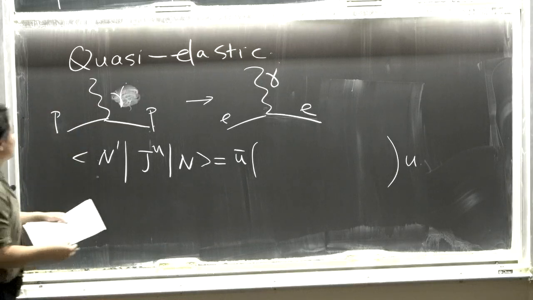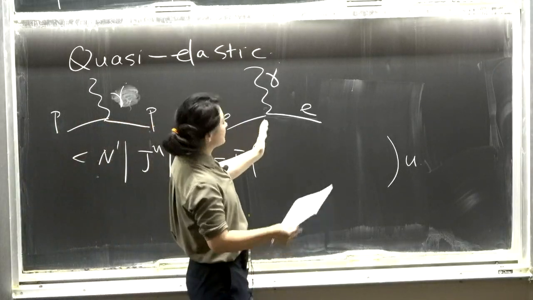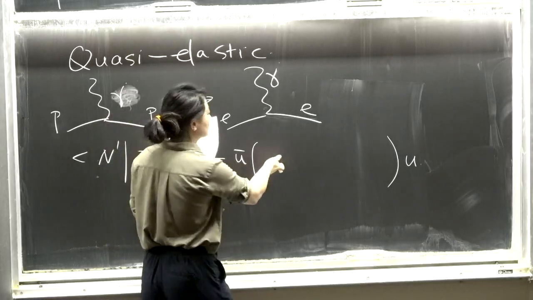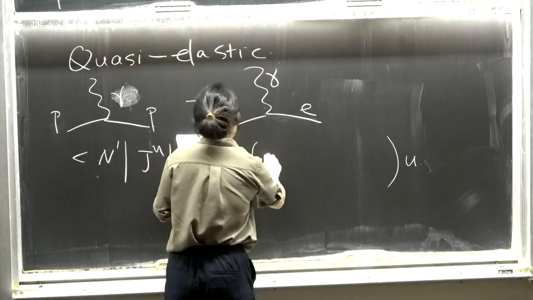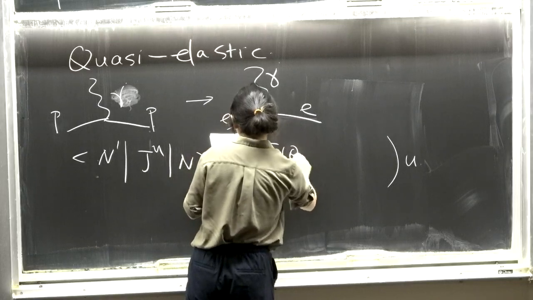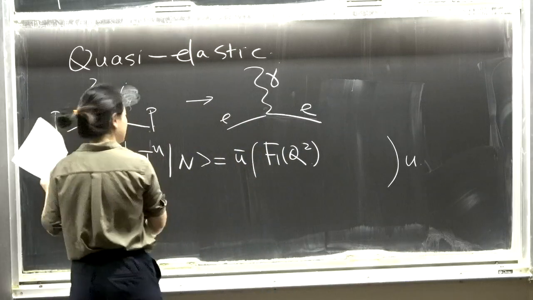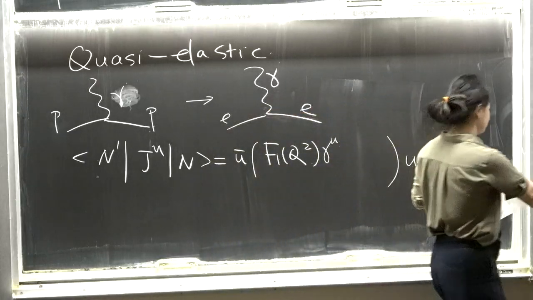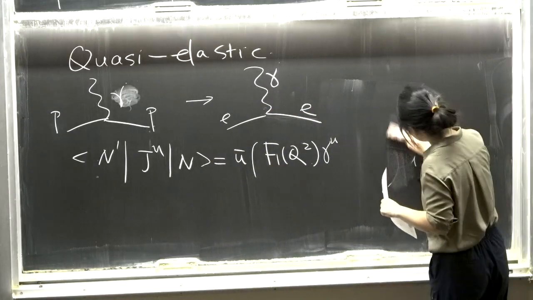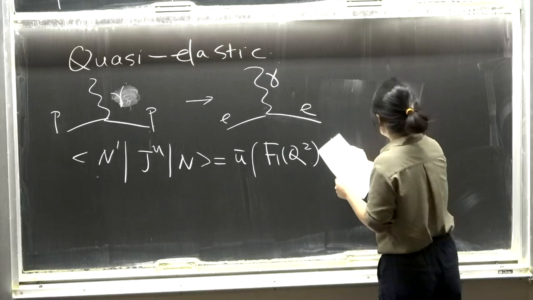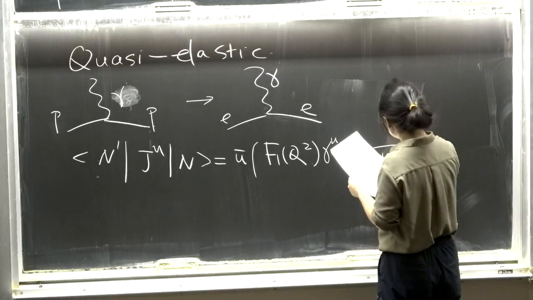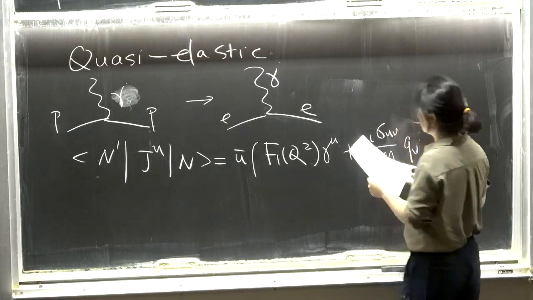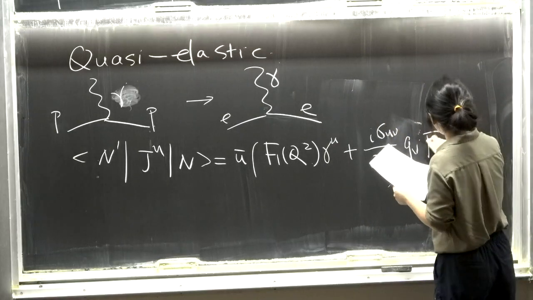The argument is that by using Lorentz structure and so on, you can figure out the Lorentz structure of the current. For instance, for QED, it has a first gamma^mu term, and it also has something that looks like (i sigma^{mu nu} q_nu / 2m) F2.